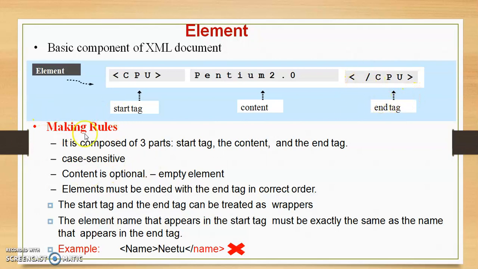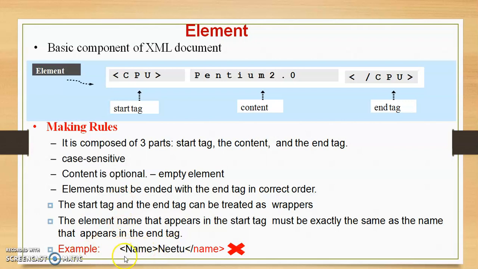See, the rules of the element: it is composed of three parts, the start tag, content and the end tag. This is case sensitive, and content is optional. You can have an empty element also. The element must be ended with the end tag in the correct order. The start tag and the end tag can be treated as wrappers.